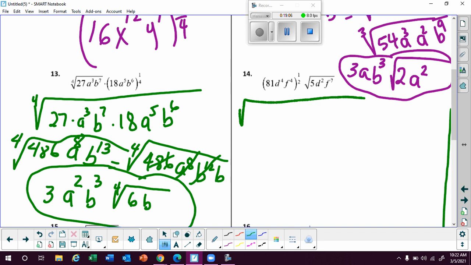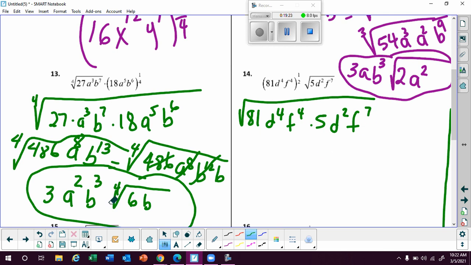All right, but I will put it, since it's a square root, 81 d to the power of 4 f to the 4th times 5 d squared times f to the 7th. They're all under the square root.